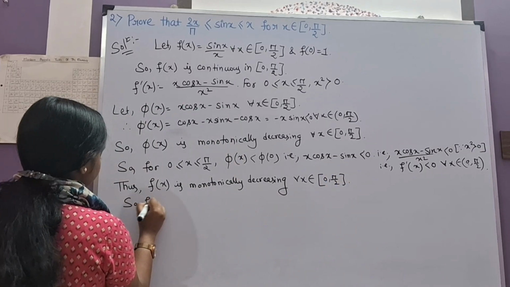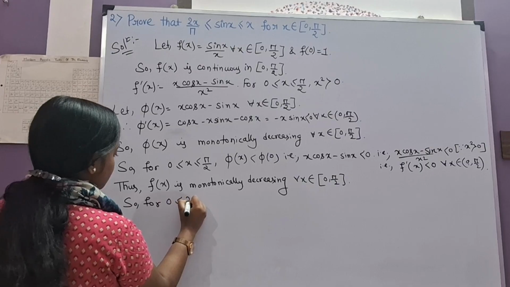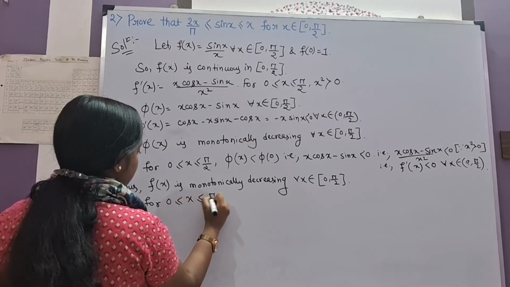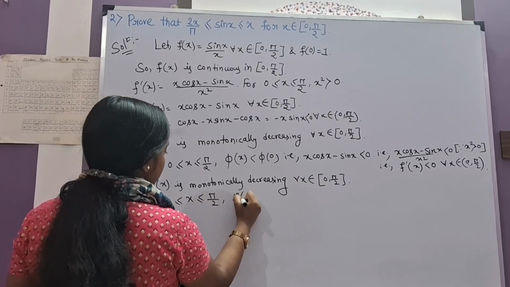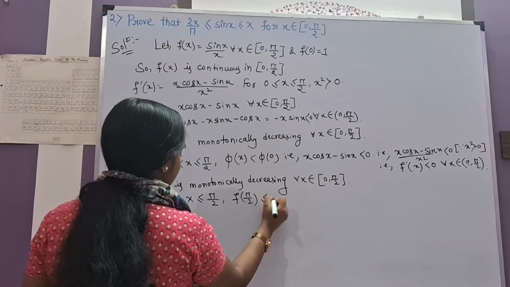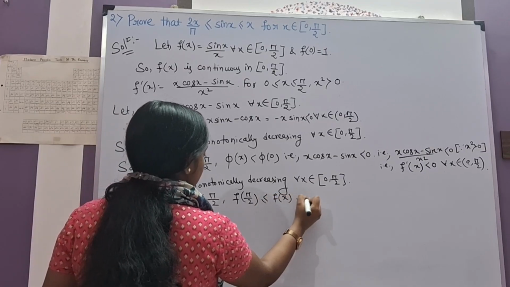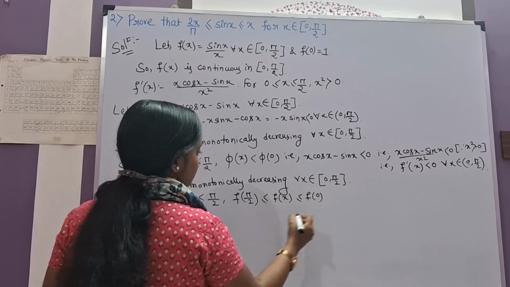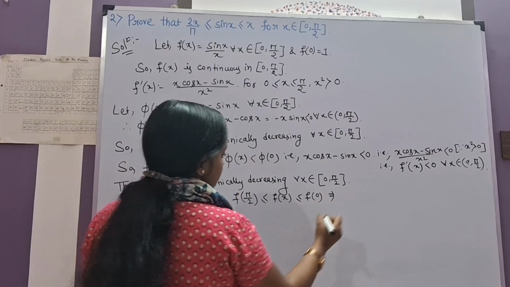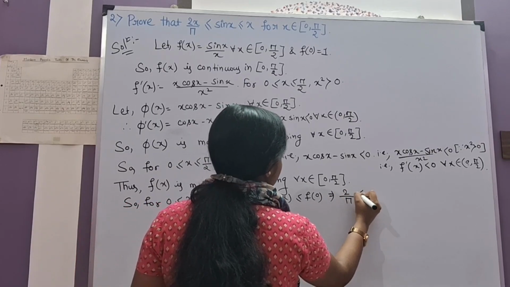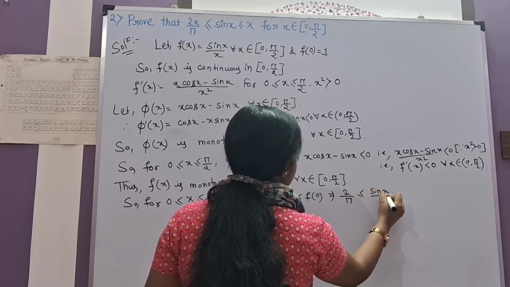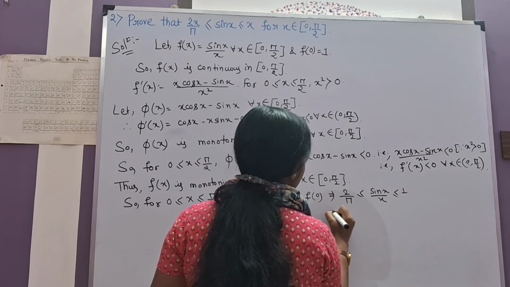So for 0 less or equal to x less or equal to pi by 2, f of pi by 2 less or equal to f of x less or equal to f of 0. So this implies 2 by pi less or equal to sin x by x less or equal to 1.